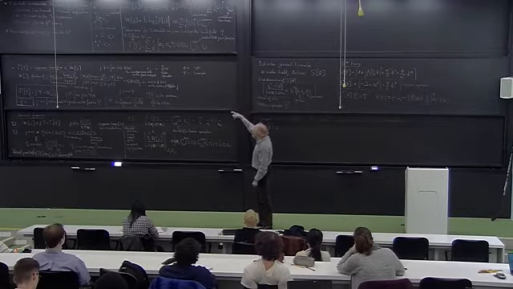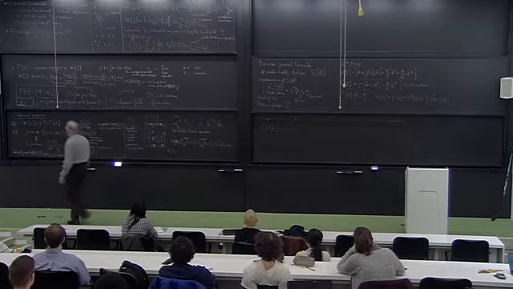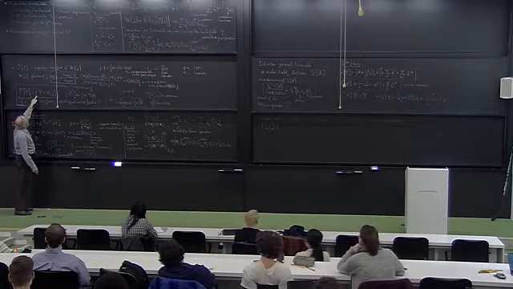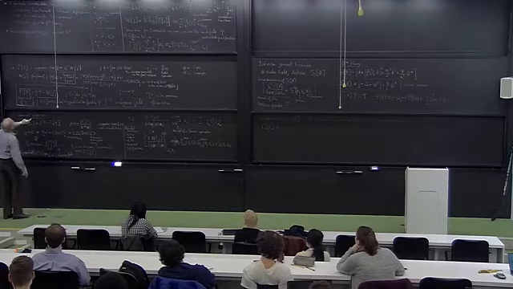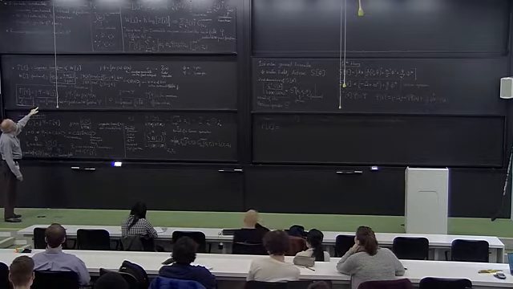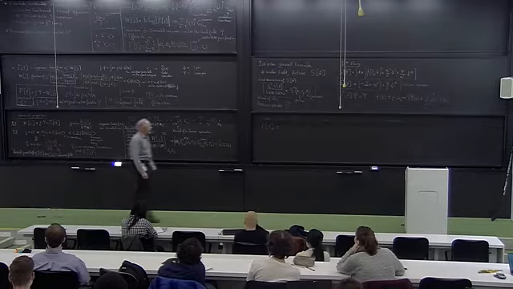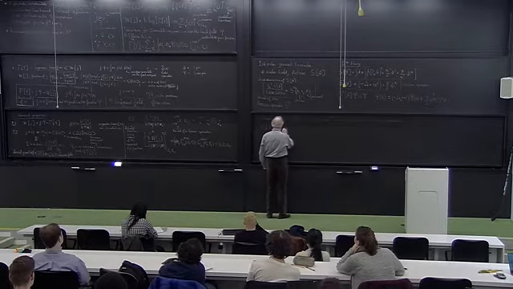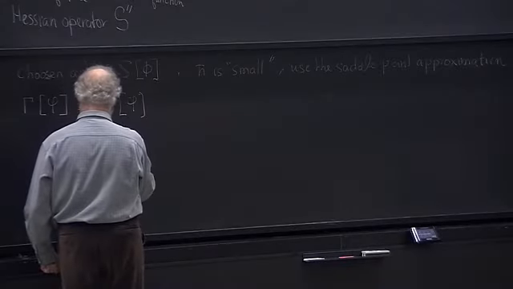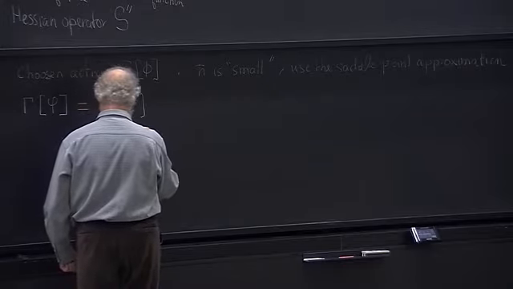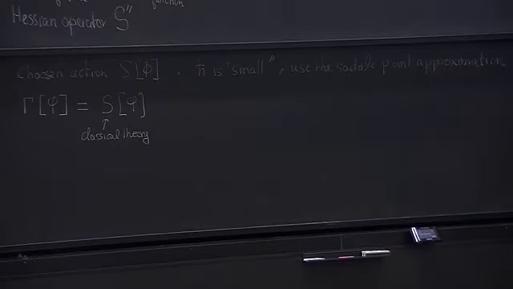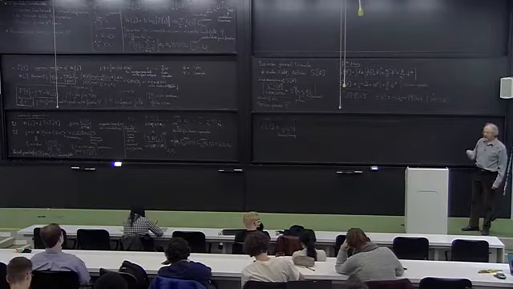And then it's very easy to compute gamma of phi, because you get g dot phi minus W, which is the action minus g dot phi. So basically, you find that when h bar is 0, this is just the classical action. Okay, so there is no need to introduce a quantum action, because in the classical limit, the quantum effective action reduces to the classical action.